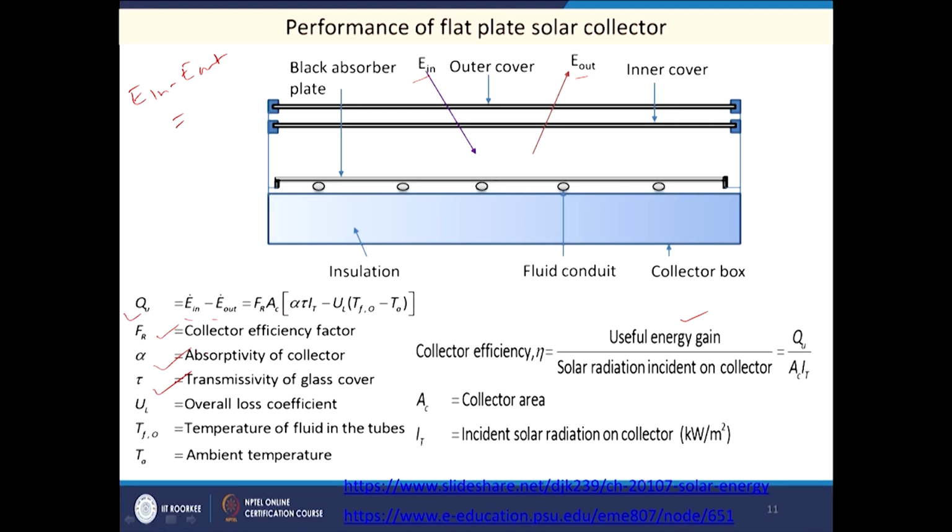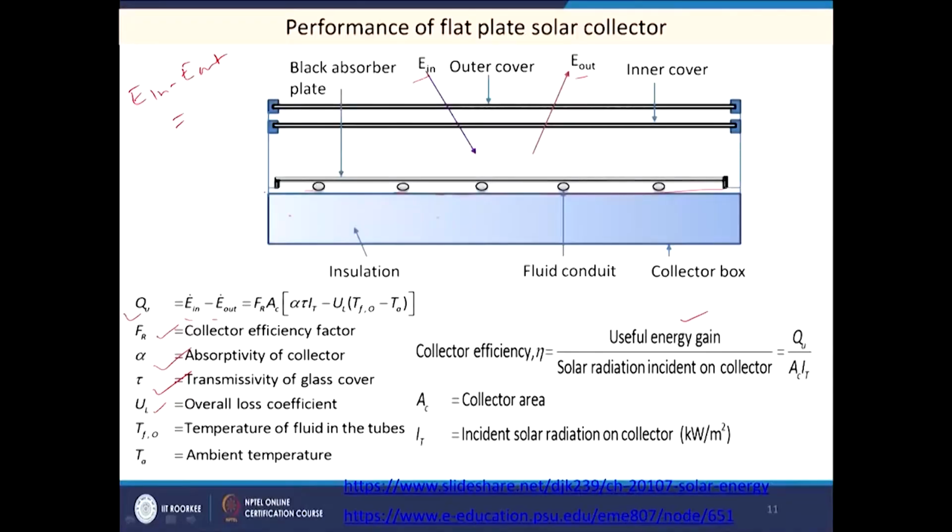overall performance. And here we have insulation, where the water is passing through the tube, so there will be some losses of heat energy if insulation is not proper. So, that insulation loss is there. So, the overall loss coefficient is also considered, which is important and will influence the overall performance of the system.